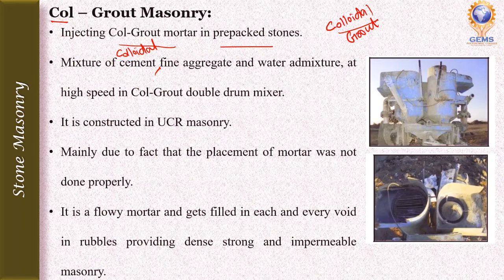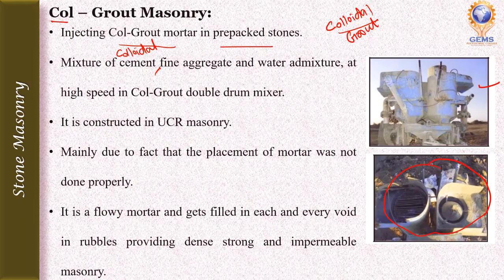The diagram shows the cold grout double drum mixer, the front view and the top view. In this we mix the cement, fine aggregate and water admixtures in the cold grout drum mixer. Then at high speed, the mortar we get from that is called cold grout mortar.